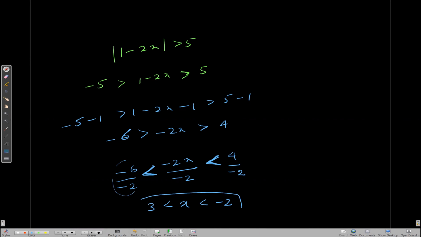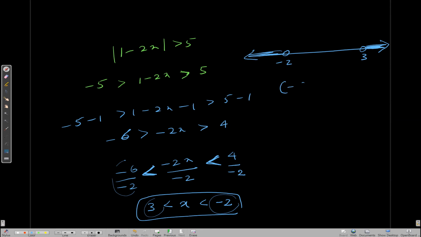Now read this carefully. Draw a number line and look at those two numbers, negative 2 and 3. Negative 2 is much smaller than 3, so it lies to the left of 3. And x is greater than 3, so that side. And x is less than negative 2, so this side. In interval notation, this is negative infinity to negative 2 union 3 to infinity.